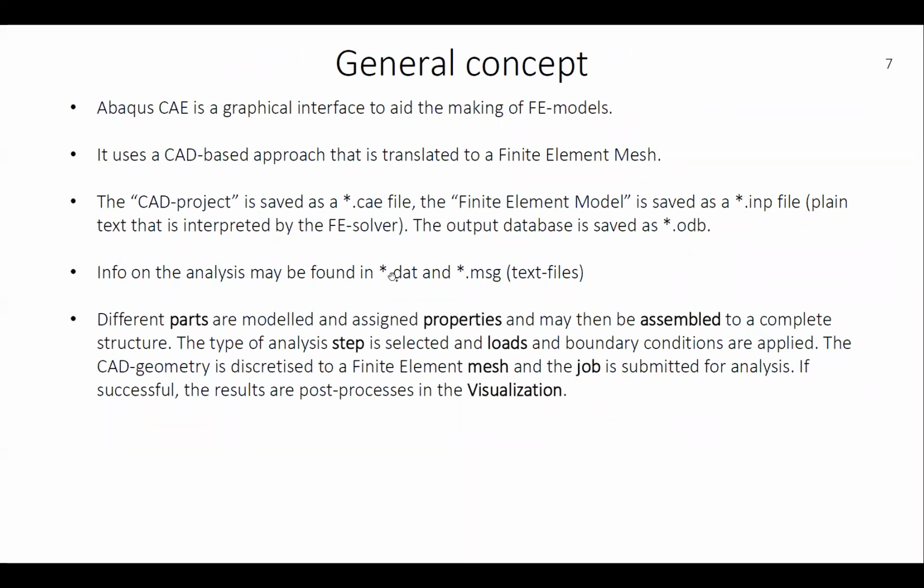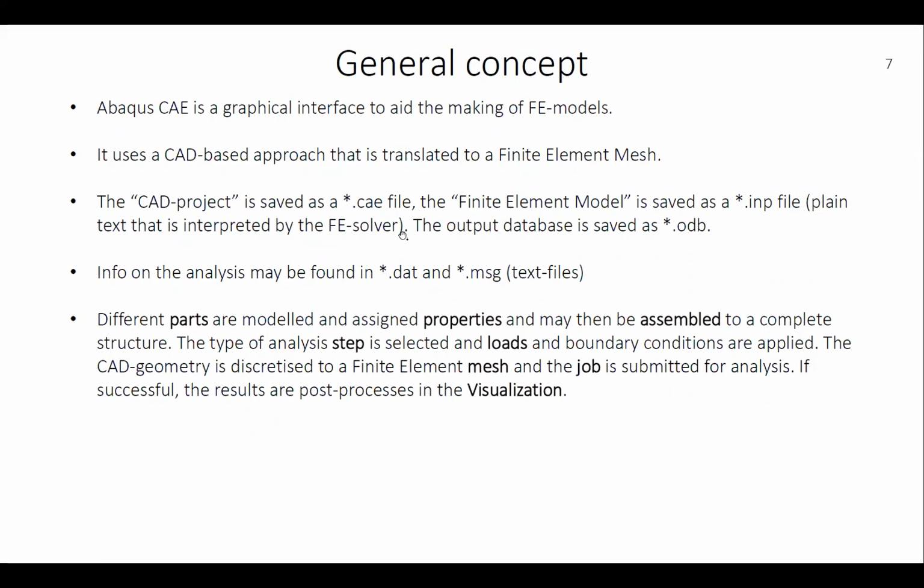Maybe that the model file is saved as a CAE file, which is the model file of your geometry and all your definitions. So that's the important file to save. Every time you run a job, it will generate an input file. And this is just a plain text file defining the geometry, type of analysis, elements, and so on, which is interpreted by the finite element solver.